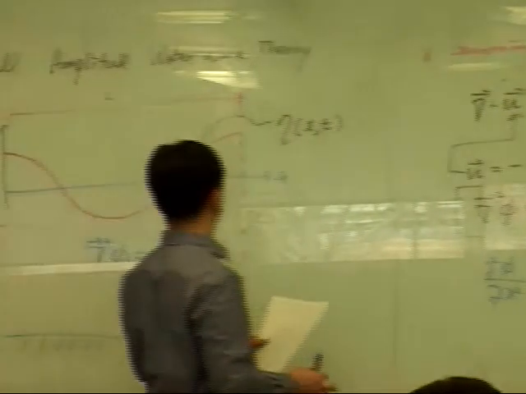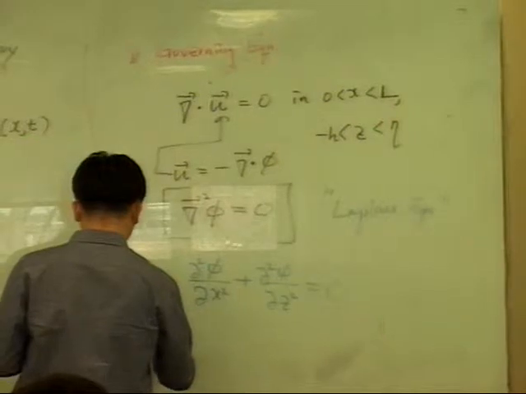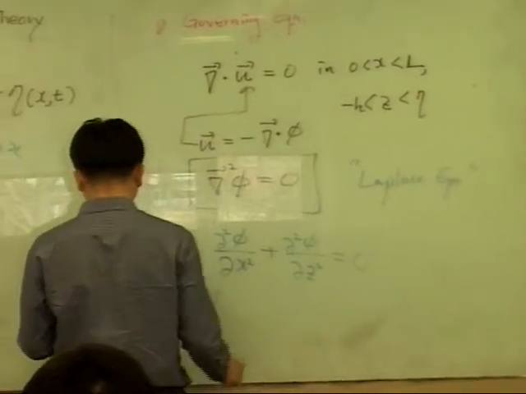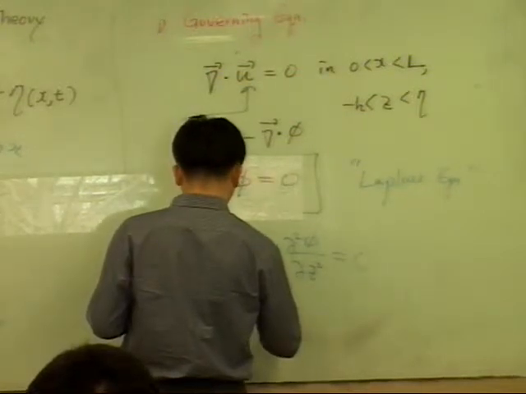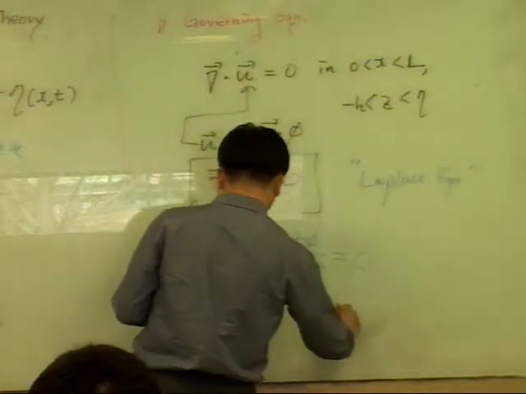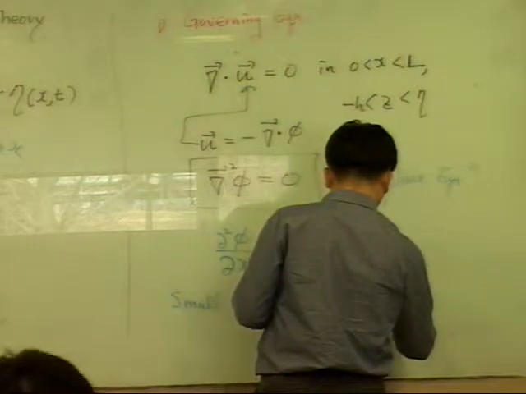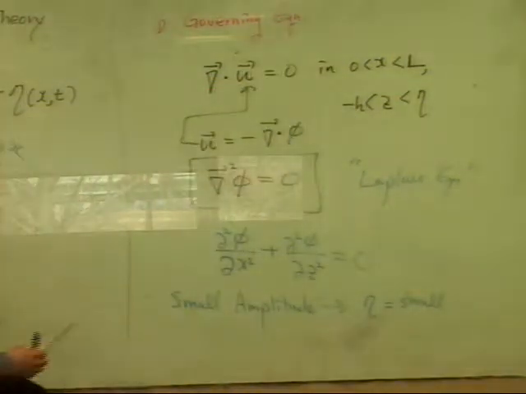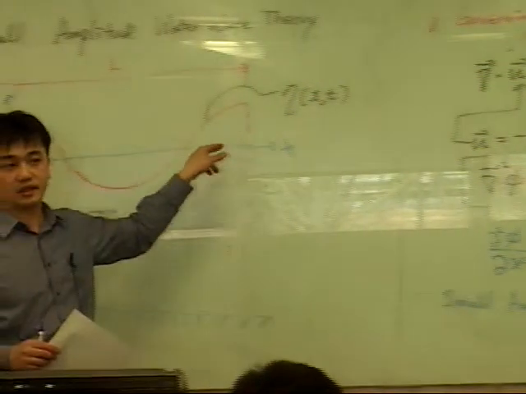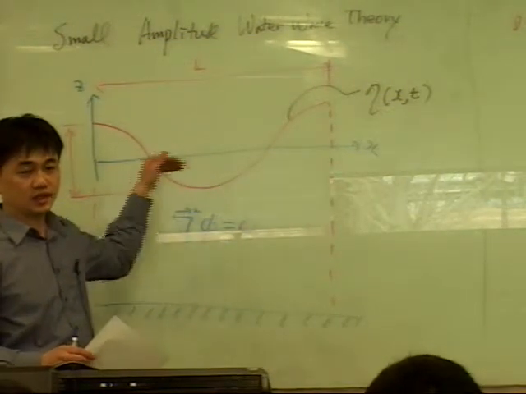And in small amplitude water wave theory, the basic assumption is small amplitude. This means our surface function eta is very small. Okay? Here the x-axis is the line when the surface is the zero surface.